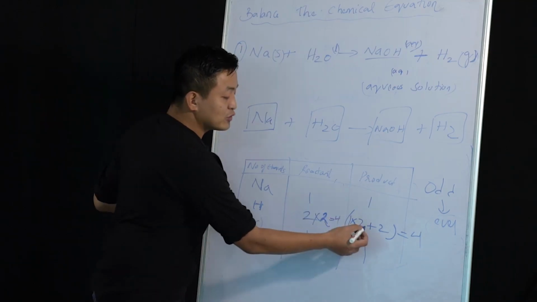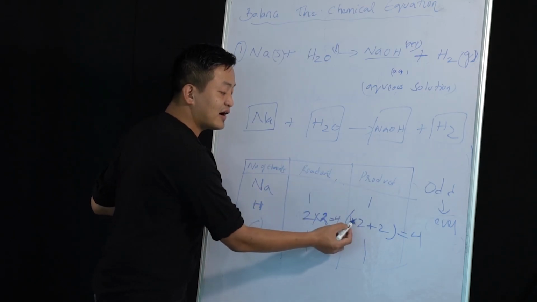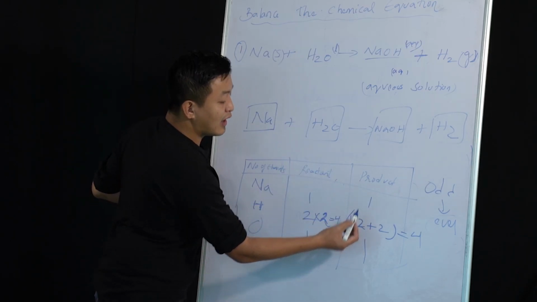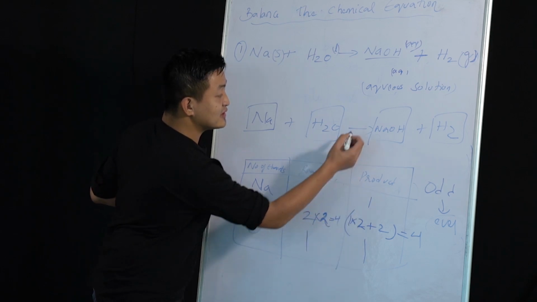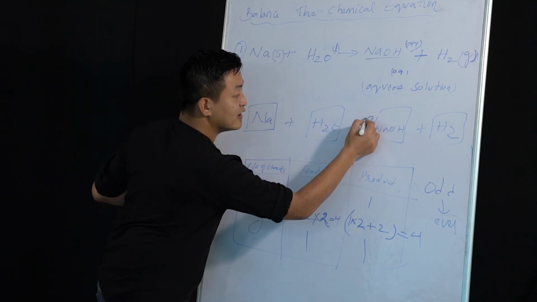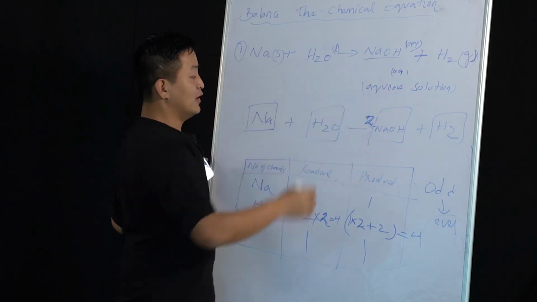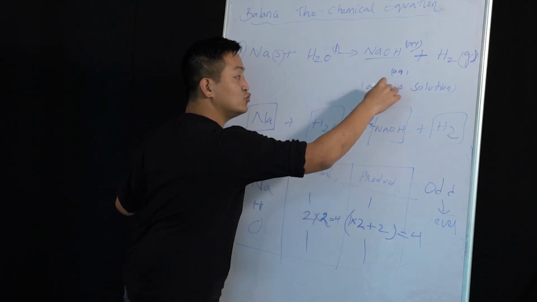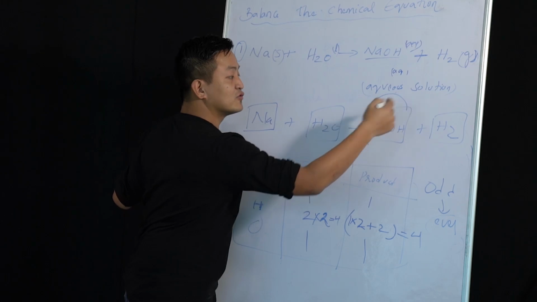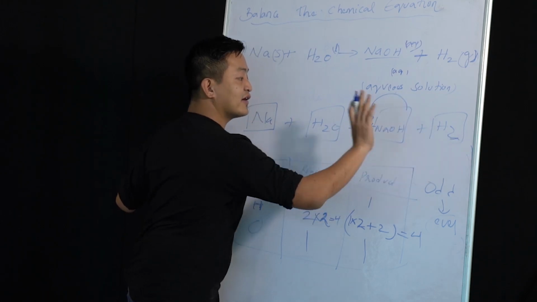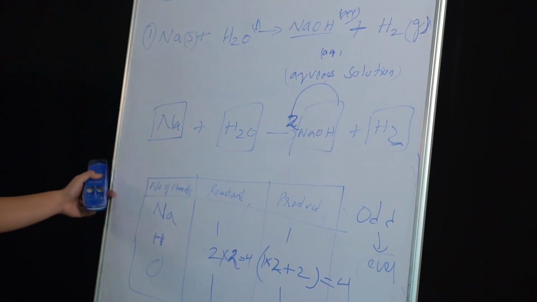Since I have multiplied this with 2, I'll write it here before the formula. So I have 2 hydrogen here, students, and 2 hydrogen on the other side. That means altogether I have 4 hydrogen.